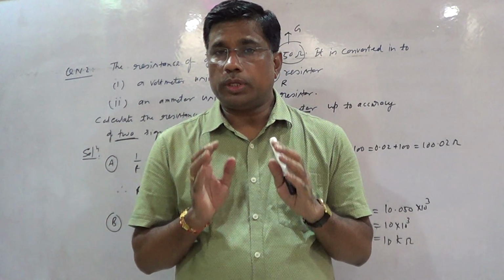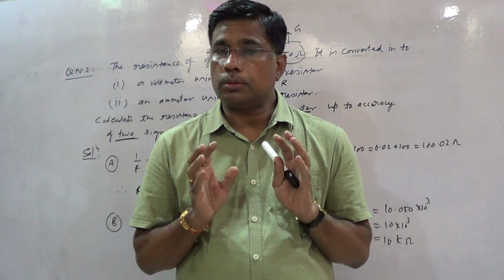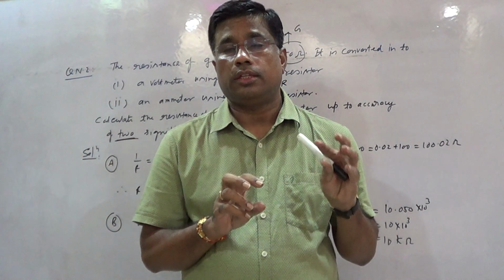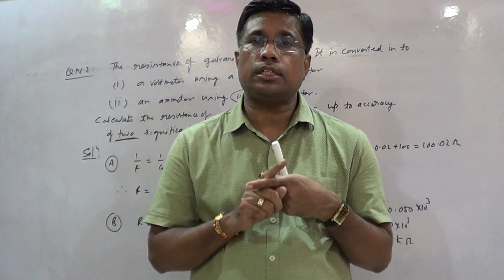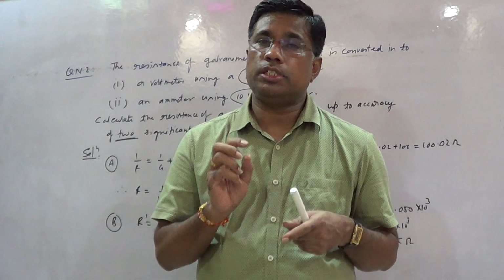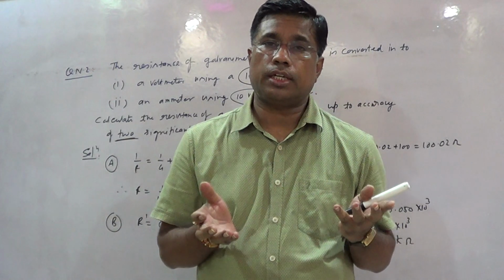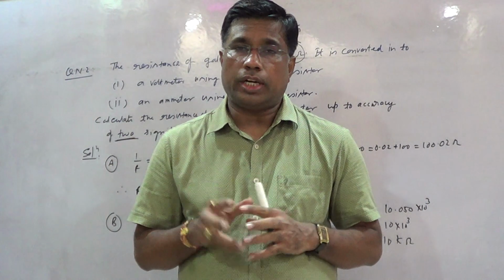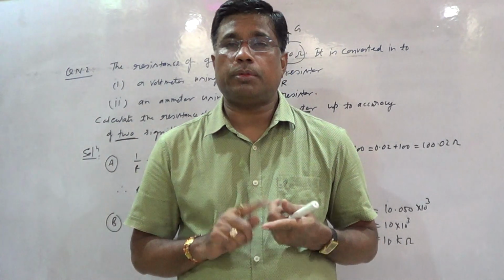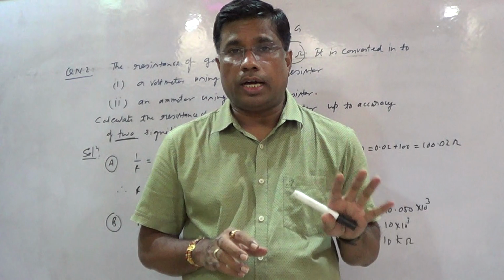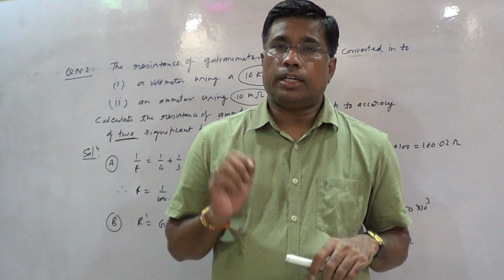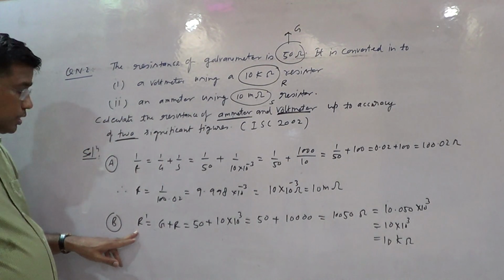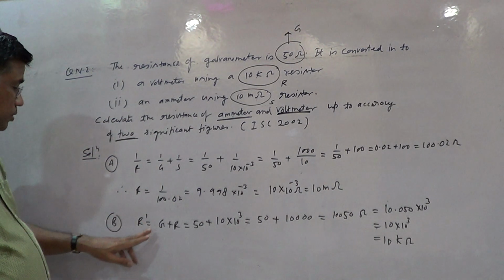So the two resistances in the voltmeter, the galvanometer resistance capital G and the high resistance capital R, are connected in series. So the total resistance will be G plus R. Because they are connected in series, we use the formula R equal to R1 plus R2. At the place of R1 there is capital G, at the place of R2 there is R. So the equivalent resistance, let us call it R dash, the total resistance, will be G plus R.